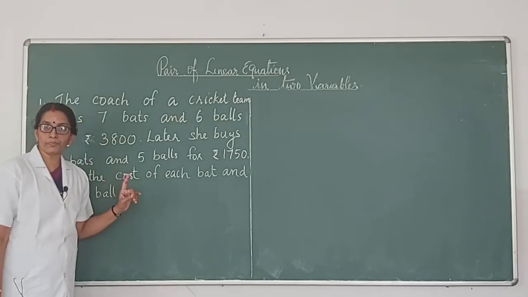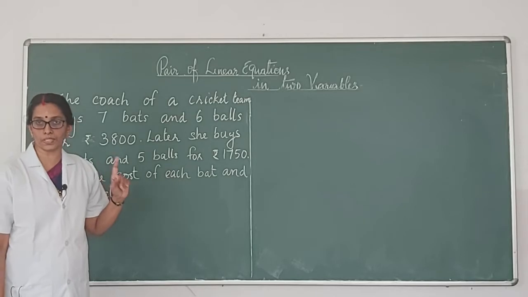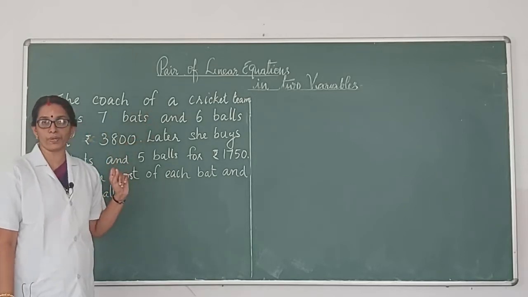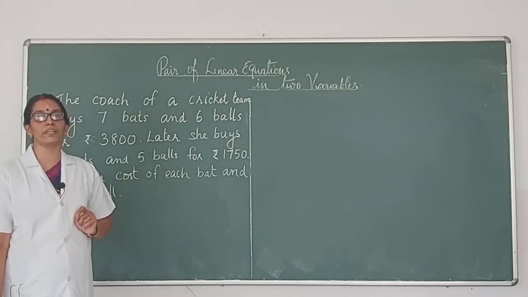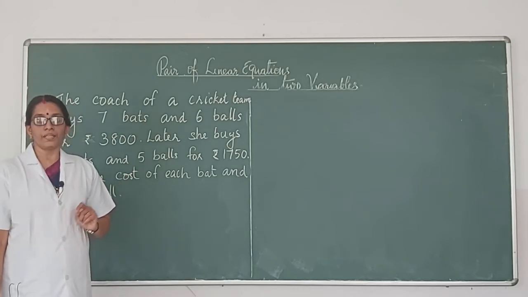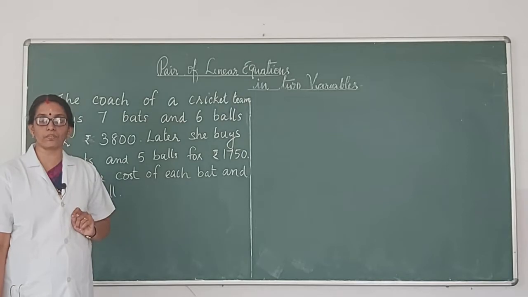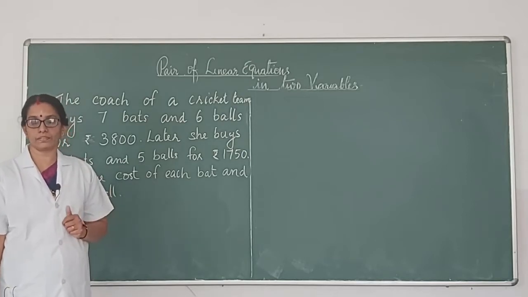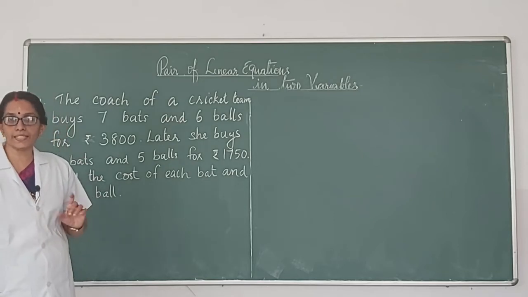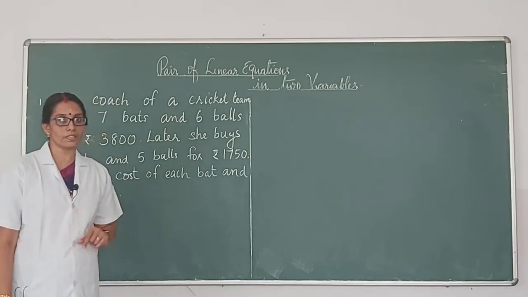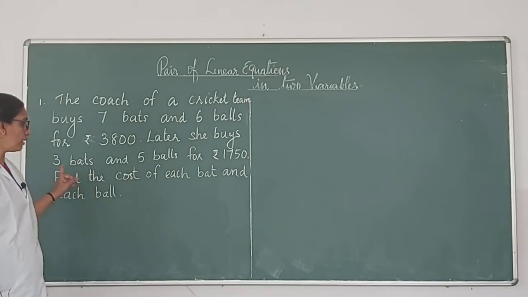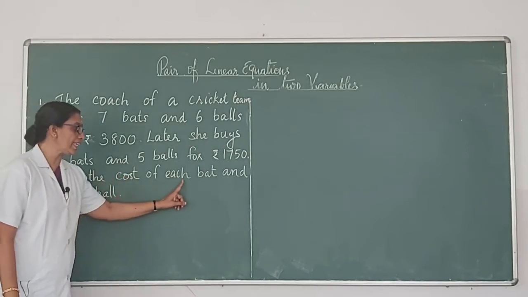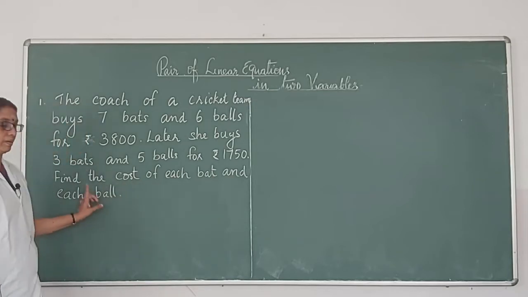When you get a situational problem, you have to read each and every word properly and understand the meaning of the question. Then you have to analyze the question, what is to be found and what all are given. Without analyzing the question, don't go for simplification. Here what is to be found? We have to find the cost of each bat and each ball.